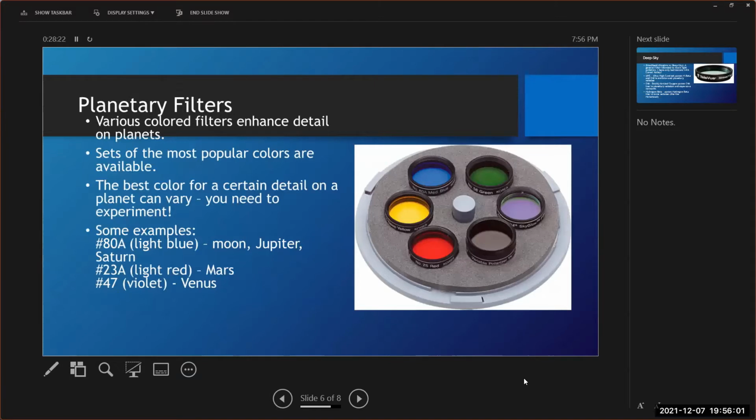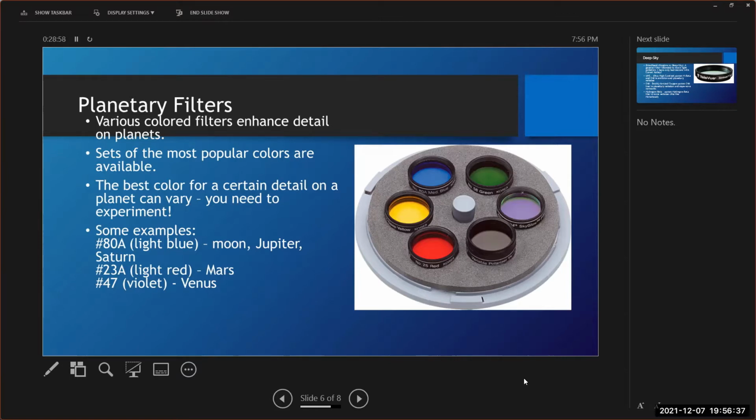Planetary filters is the next step, where if you're really interested in planetary observing, you will learn that there are some of these color filters that provide a tiny bit of contrast enhancement for different features on different planets. So the idea is you either buy the one or two filters that you really want to use on your favorite planet, or maybe you buy a set of filters to use when observing a couple of planets.